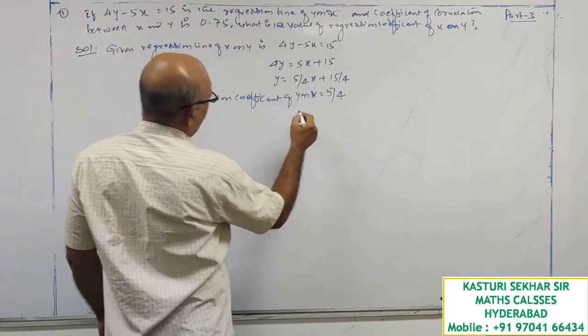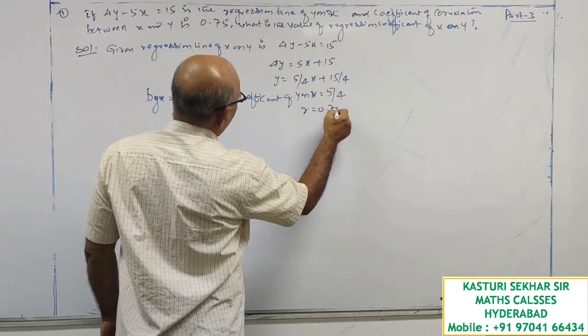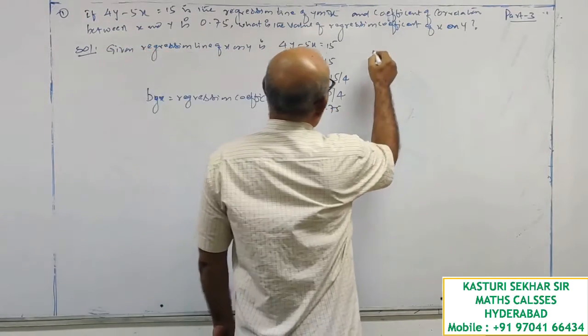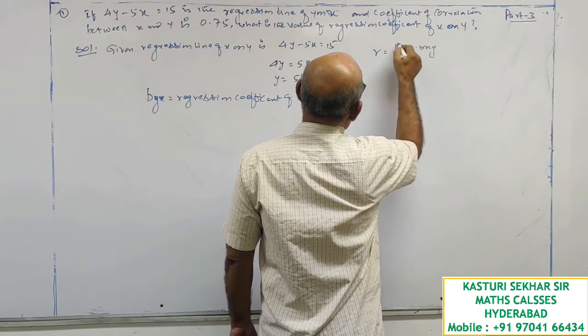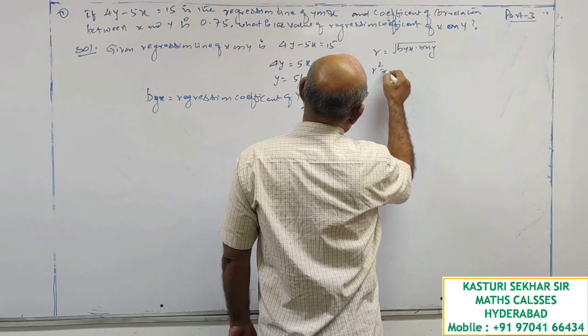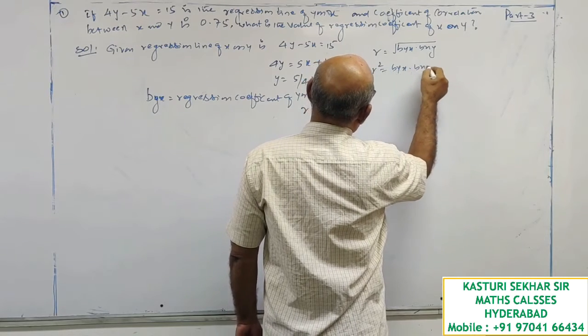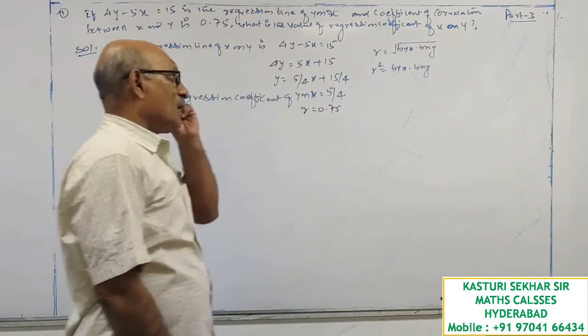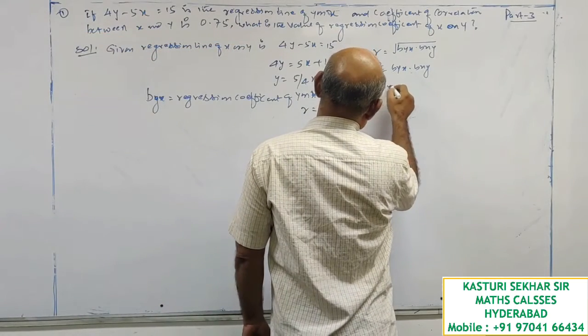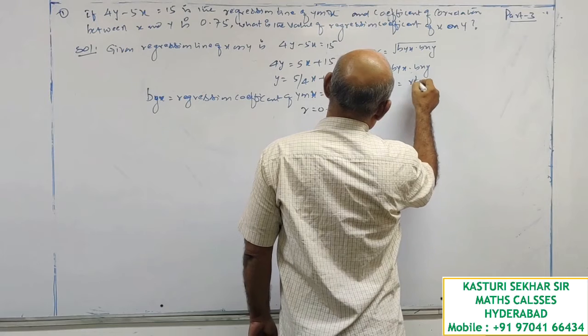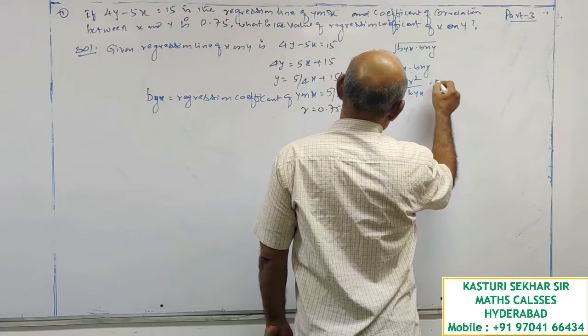The r value is already given as positive 0.75. We know r is equal to the square root of Byx into Bxy. Squaring on both sides, r square is Byx into Bxy. So Bxy is equal to r square divided by Byx.